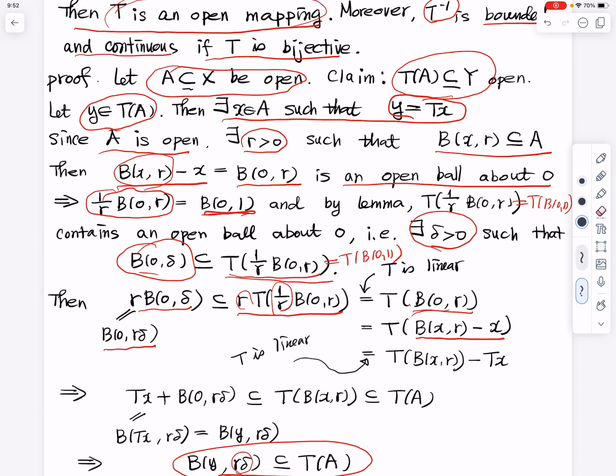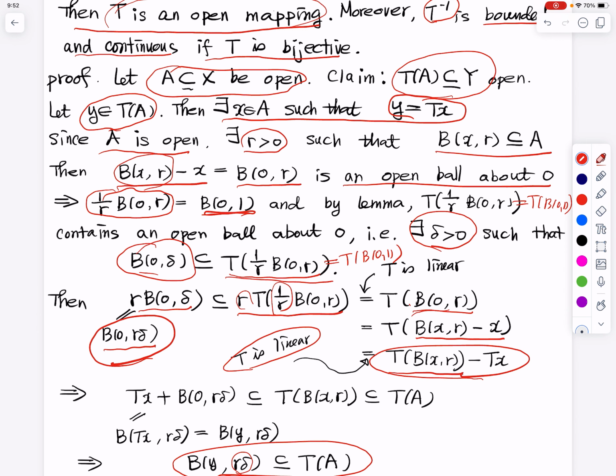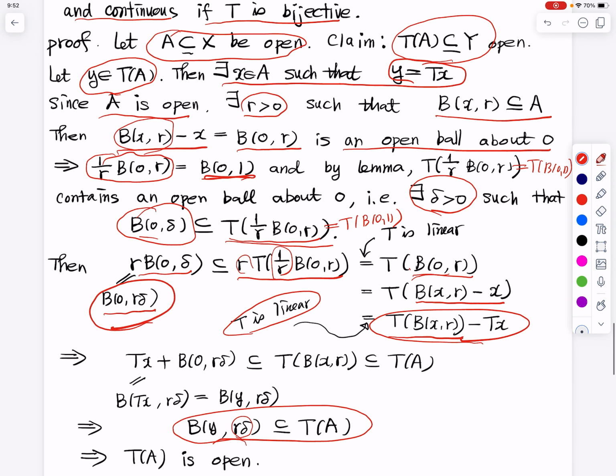And again T is linear, so this is T(B(x,r)) minus Tx. Then we have here this guy and this guy. And then you add Tx to both sides, that is, translate by Tx, so Tx plus B(0,r delta) belongs to this set.